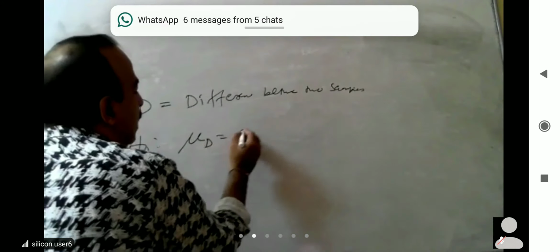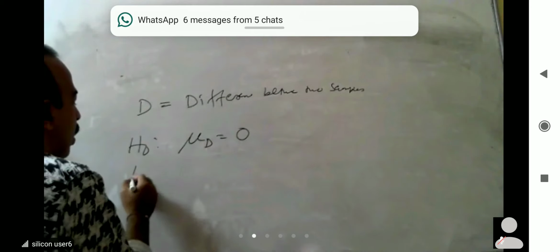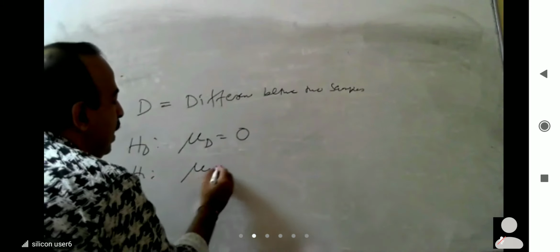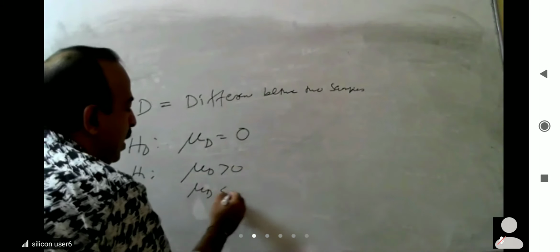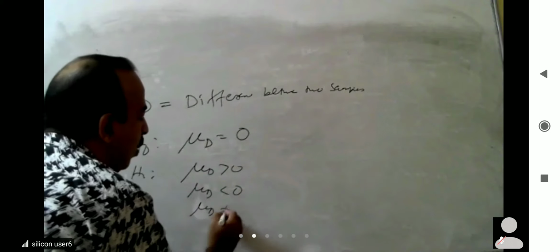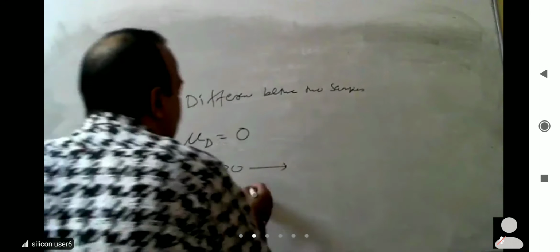Then your null hypothesis: mu D, the difference, equals 0. Alternate hypothesis may be greater than 0, less than 0, or not equal to 0. If greater than 0, right tail; less than 0, left tail; not equal to 0, two tail. Clear?